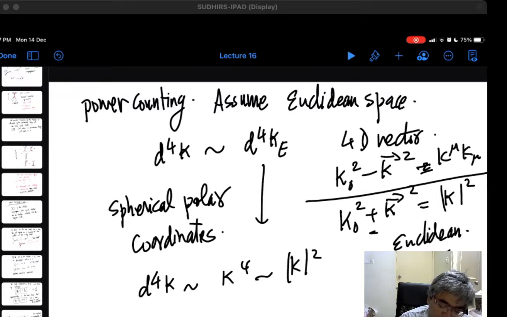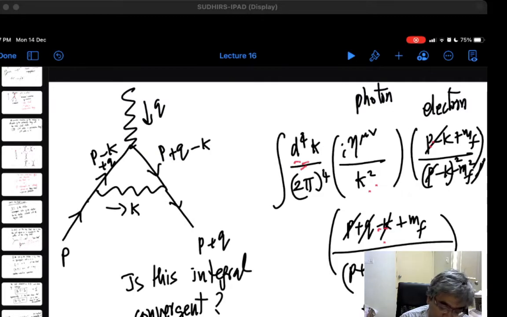So k power 4 is the length of the vector. Now what about the other terms?